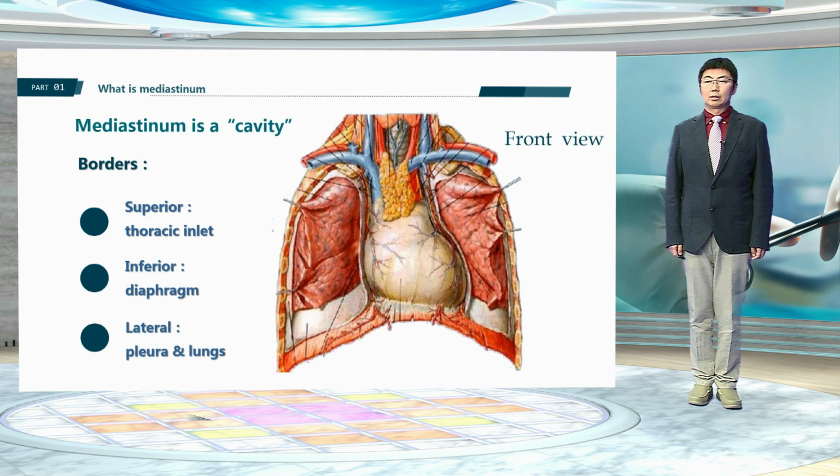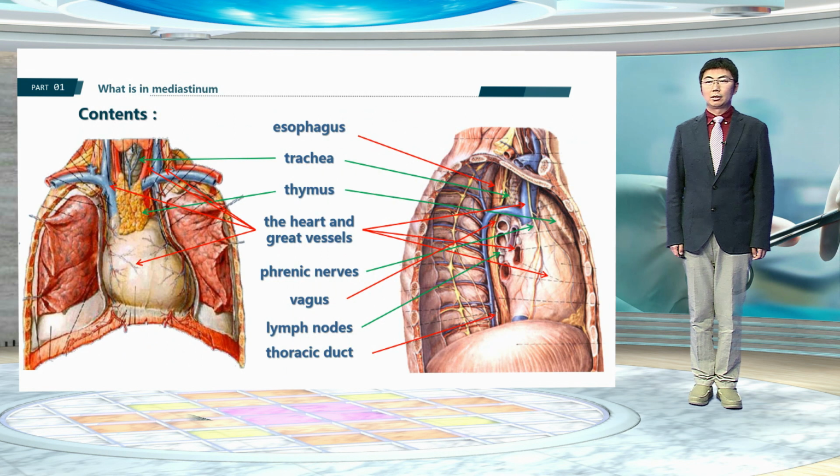The borders of the mediastinum include the thoracic inlet superiorly, the diaphragm inferiorly, the sternum anteriorly, the spine posteriorly, and the pleural spaces laterally. The mediastinum contains the esophagus, trachea, thymus, the heart and great vessels, phrenic nerves, vagus, lymph nodes, and thoracic duct.